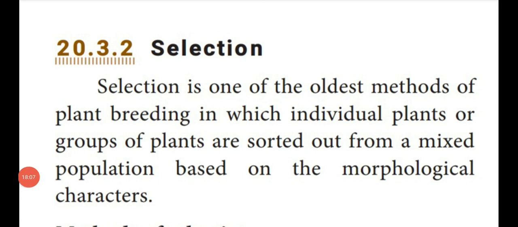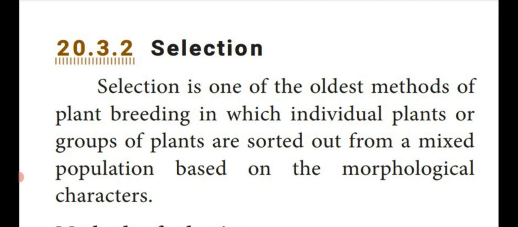The second method is selection. So the selection is the oldest method of plant breeding. That means we have to place a group of plants with different characters.